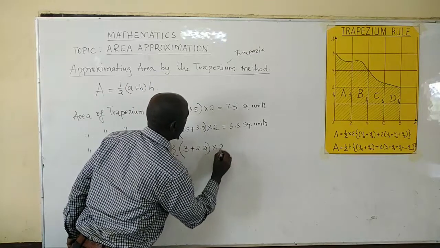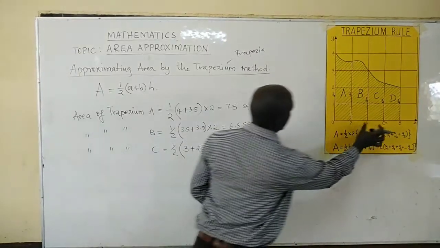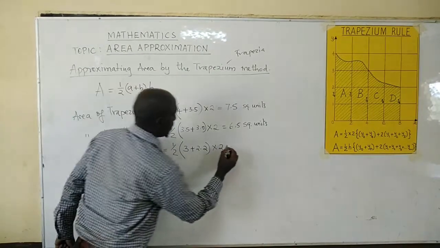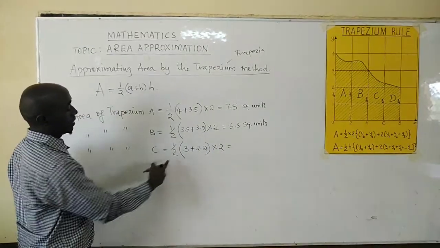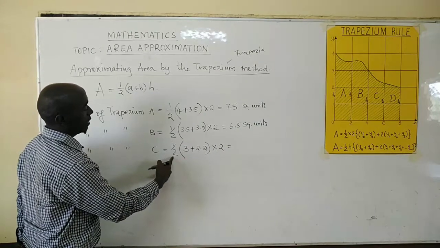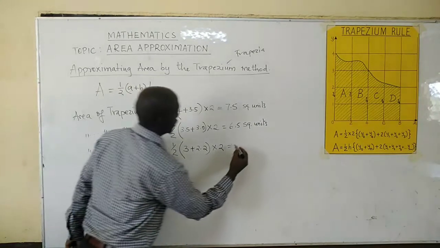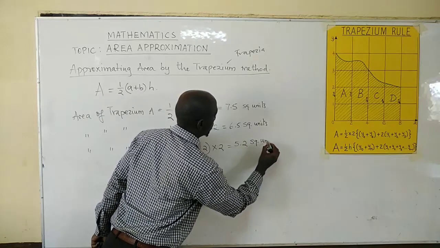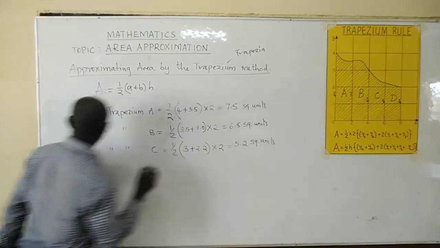Then multiply that by 2, the height remains 2 again for C. That gives us 5.2 square units.